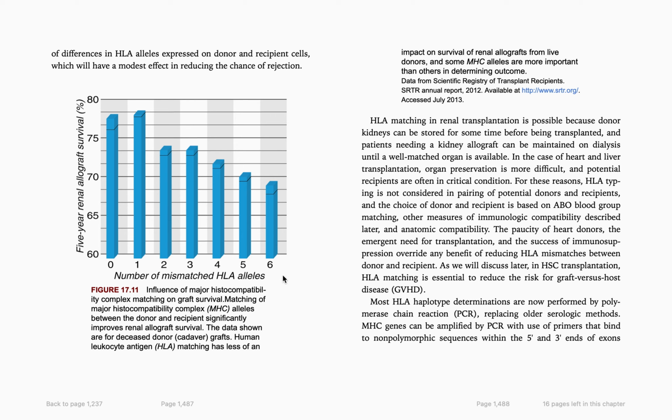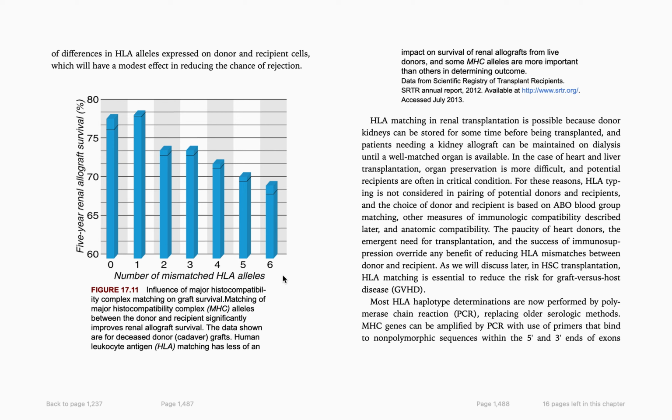HLA matching in renal transplantation is possible because donor kidney can be stored for some time before being transplanted, and a patient needing a kidney allograft can be maintained on dialysis until a well-matched organ is available. In case of heart and liver transplantation, organ preservation is more difficult and potential recipients are often in critical condition.